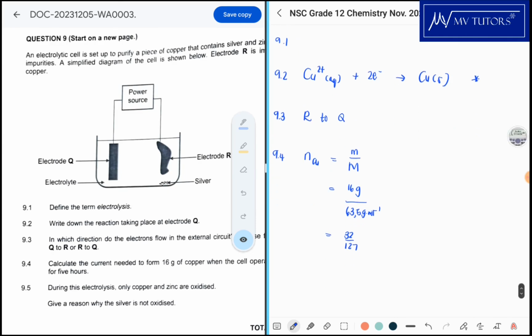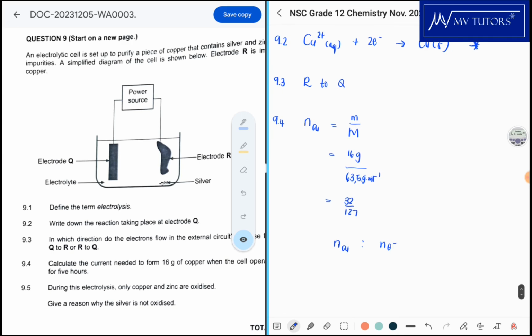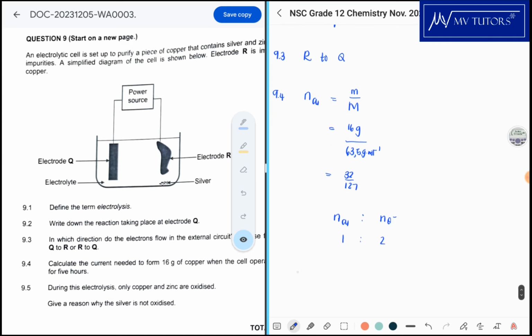Looking at our equation, we can see that the number of moles for copper in relation to the number of moles for the electrons is a 1 to 2 ratio. Therefore the number of moles for the electrons will be twice that of copper.